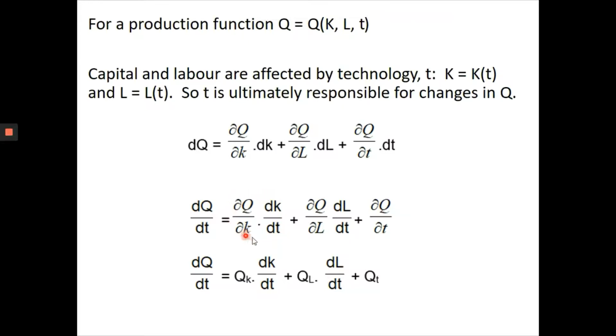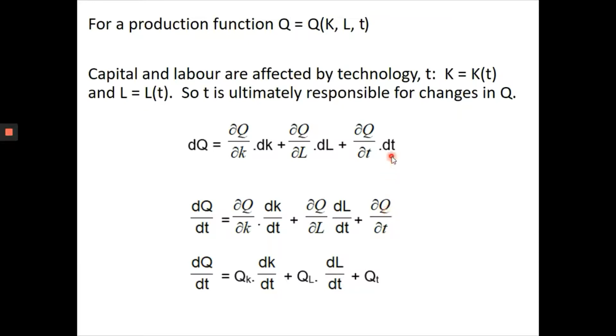So we have this term here, and this is the indirect effect of technology on output via capital, the indirect effect of technology on output via labor, and the direct effect of technology on output.